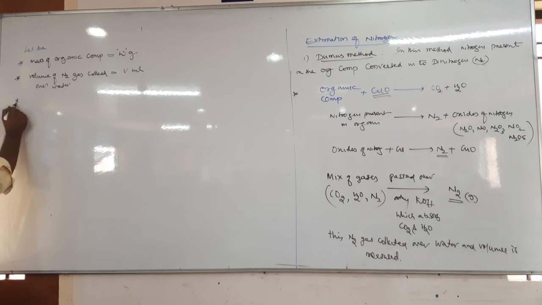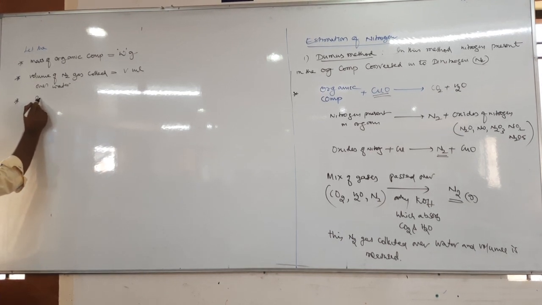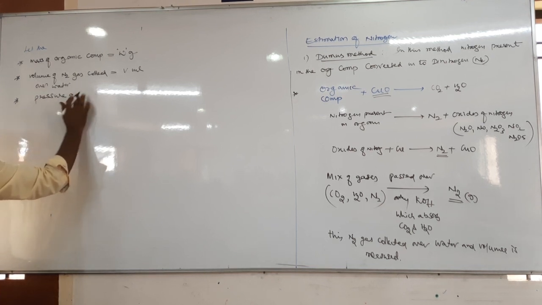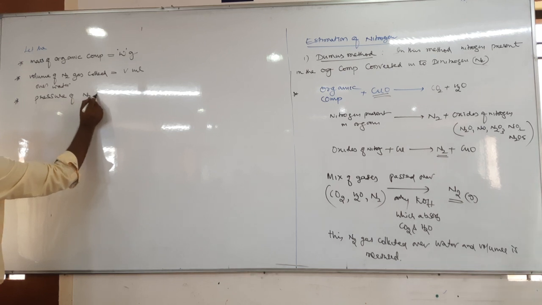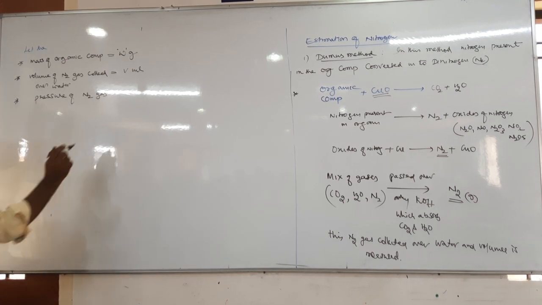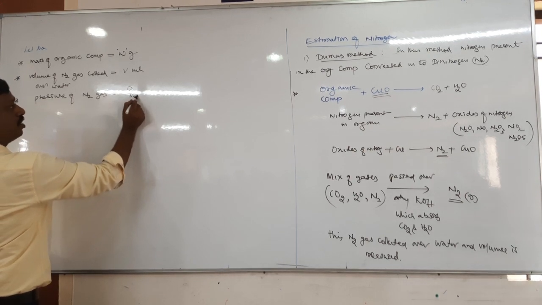Next, what is the pressure of N2 gas? Is N2 dry gas, wet gas, or moisture gas? It is a moisture gas because we are collecting over water. Therefore let us take the pressure as P moisture.